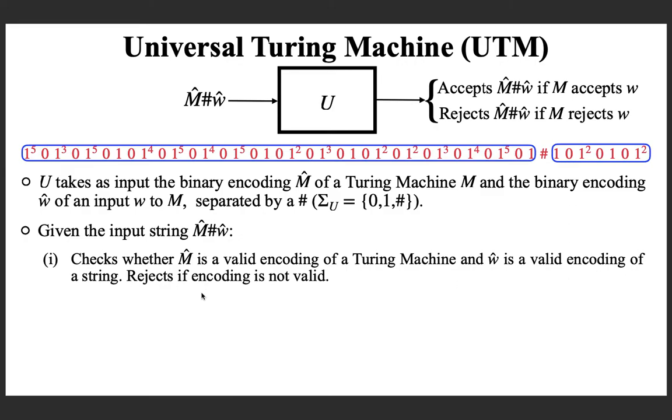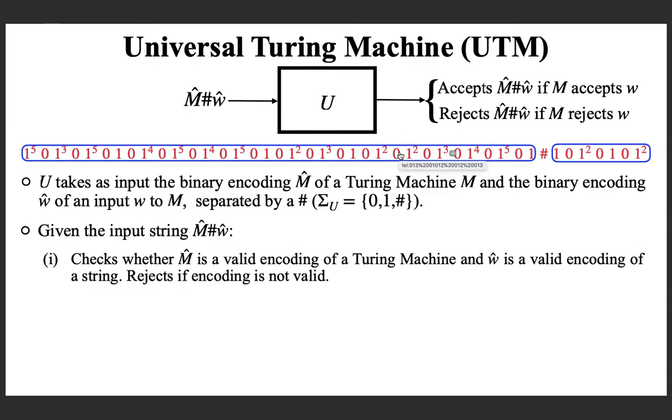It checks for the validity. The first may not be representing a valid Turing machine, or the second one may not be representing a valid input string. If that is the case, then the universal Turing machine immediately rejects. Now the question is, how is it that the Turing machine can check whether the first binary string is a valid encoding of a Turing machine?